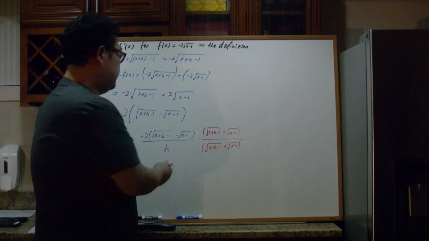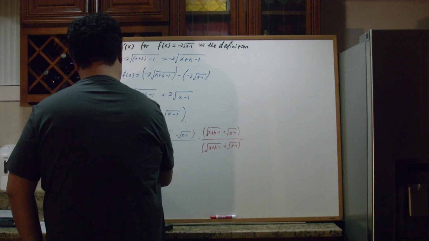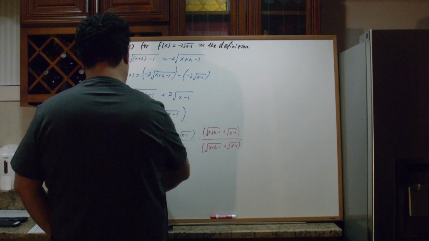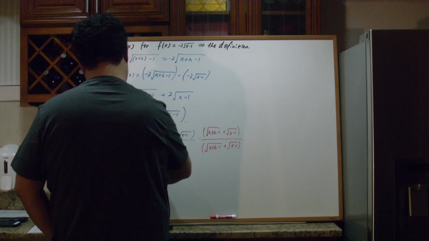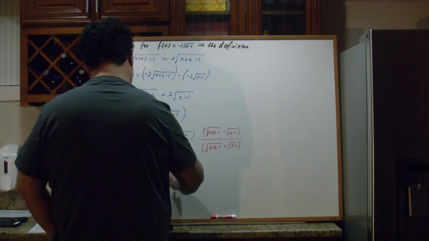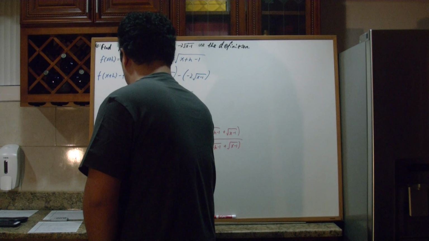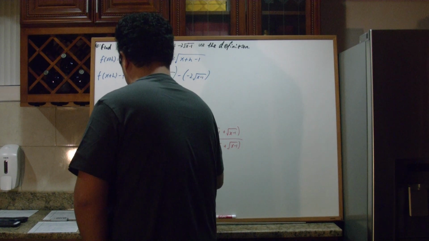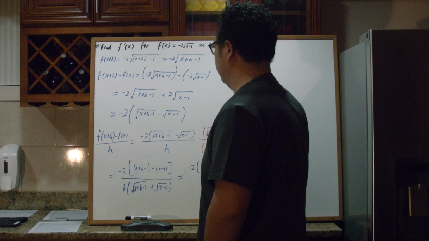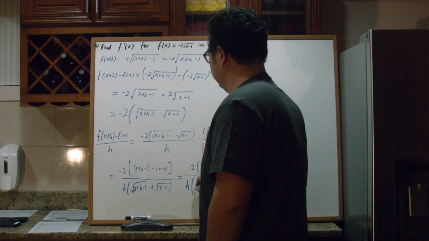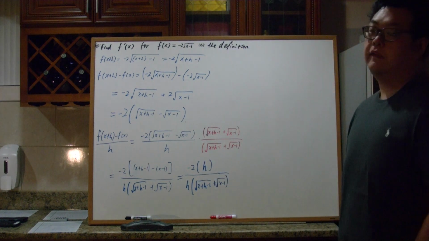Multiply the conjugate pair, then this product will still give us the difference of squares, which are the squares of the radicals, and in the denominator we get radical x plus h minus 1 plus radical x minus 1. The top, x plus h minus 1 minus x plus 1, that is left over the h. And that's what this thing left over.